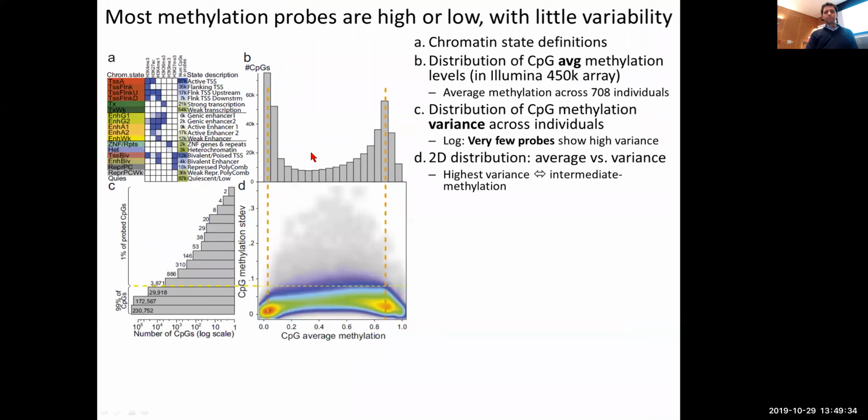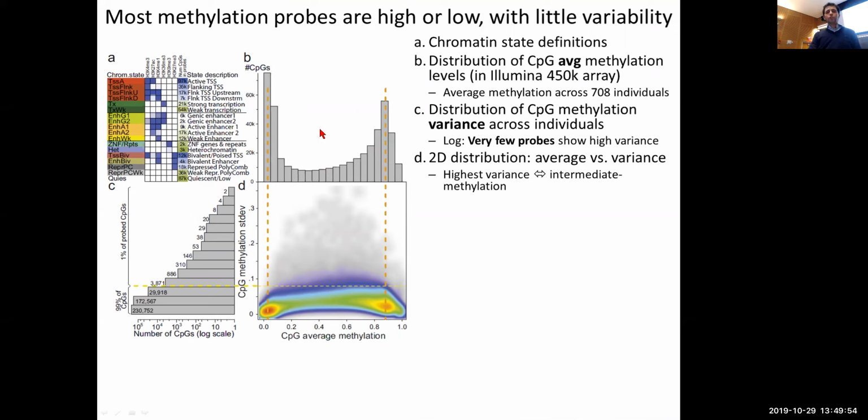In particular, you could see this bimodal distribution in the average methylation level of every probe. And that tells you that some probes are very highly methylated, some probes are very unmethylated, and very few probes fall in the middle.